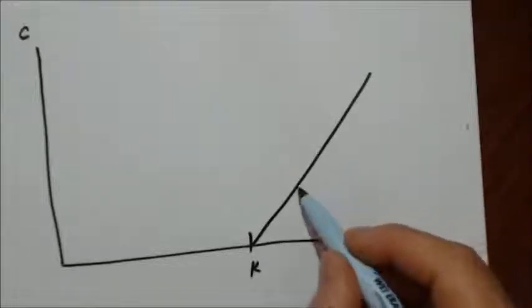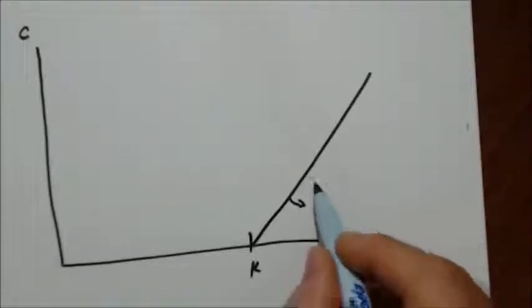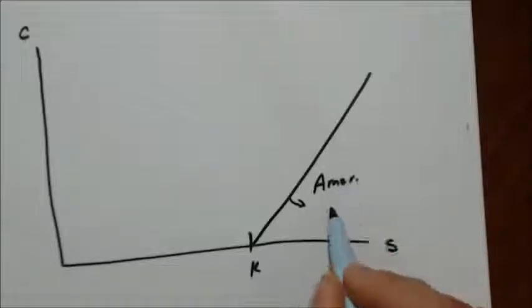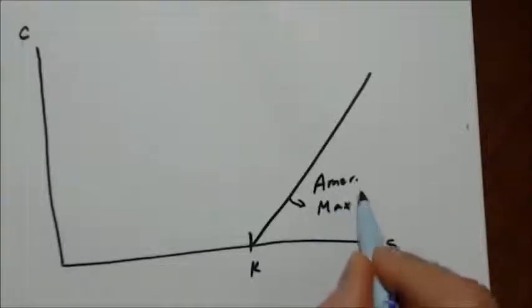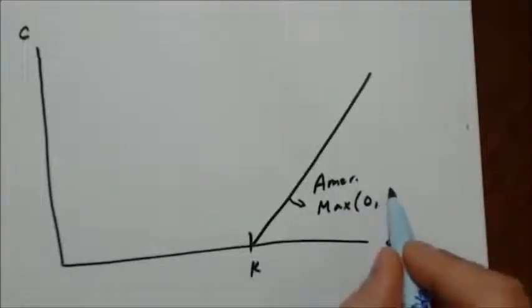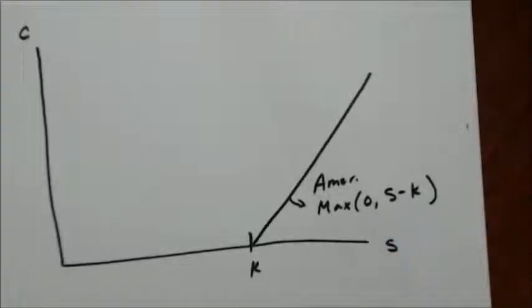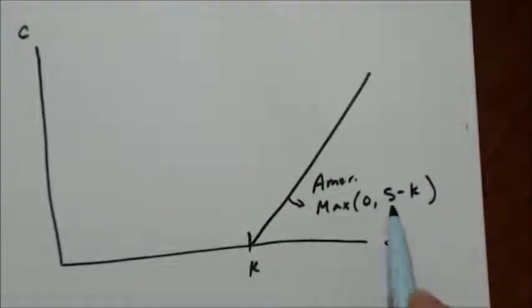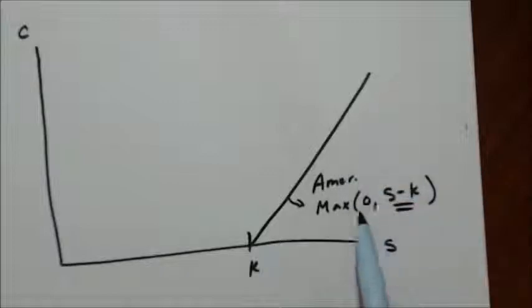So with an American option, this line is the maximum of 0 or S minus K. This being the intrinsic value right here, and 0 being along this axis.